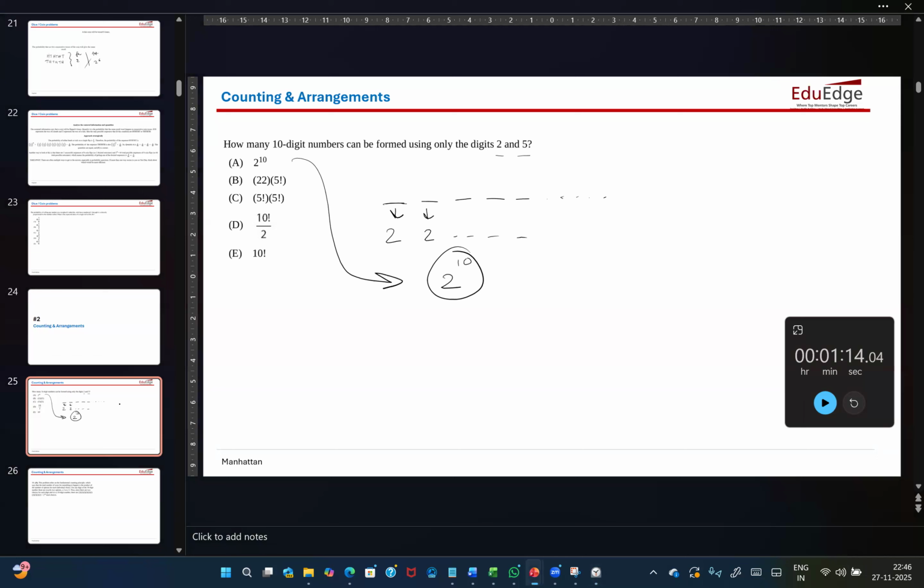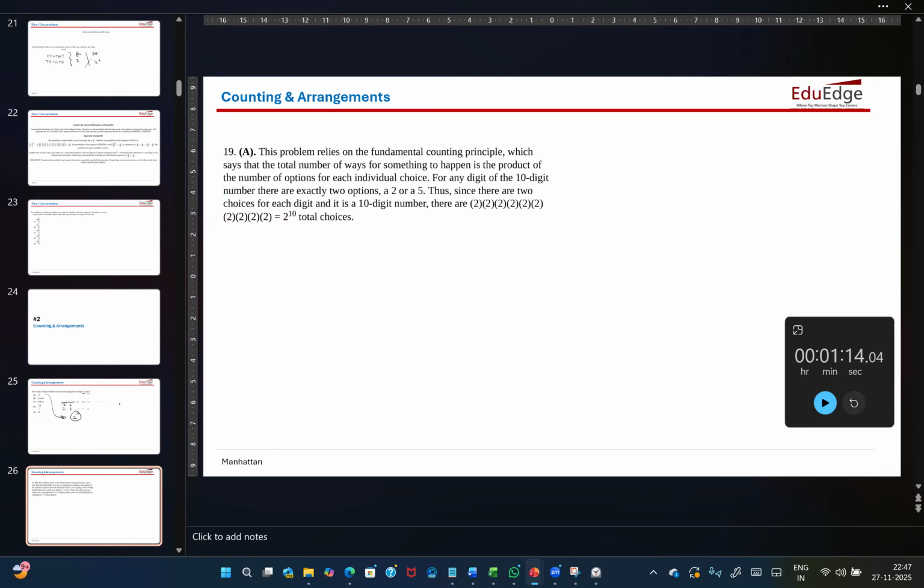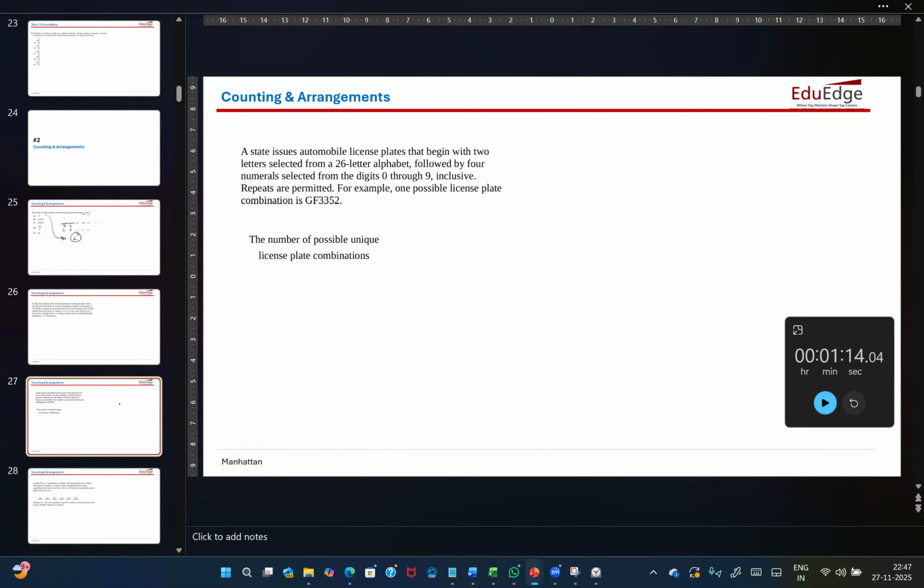You just have to say there are 10 such digits in a 10-digit number, and each place value can be filled in two ways. So there are two choices. So how many total choices are there? 2 to the power 10. Cool. Next.